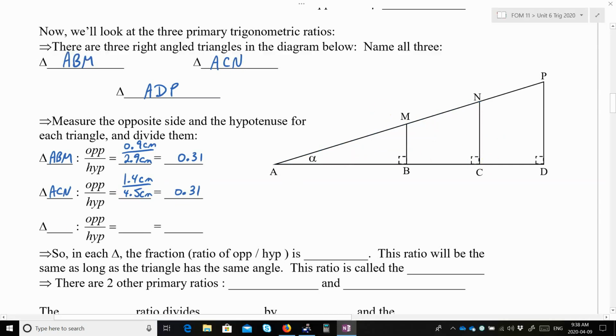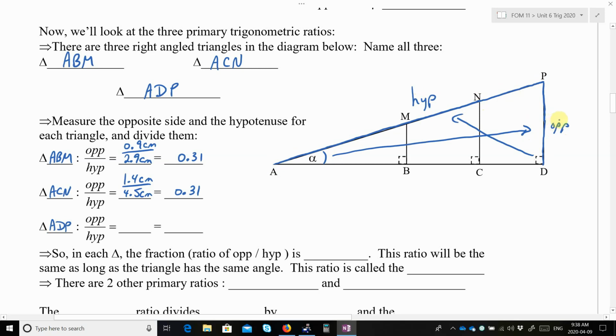Now let's do the last one, triangle ADP. Opposite to alpha is that guy. Across from the 90 would be this whole big side here. There's the hypotenuse.